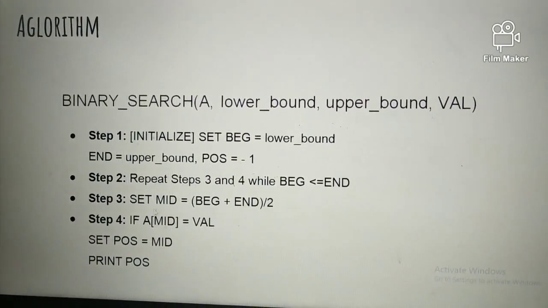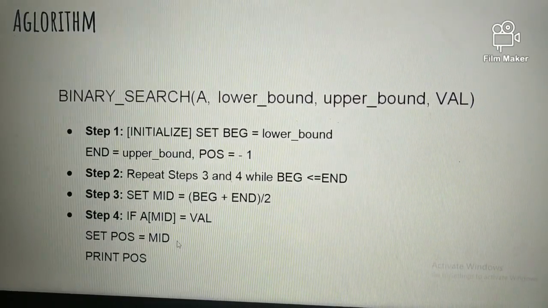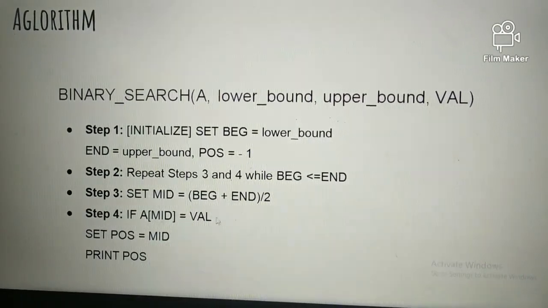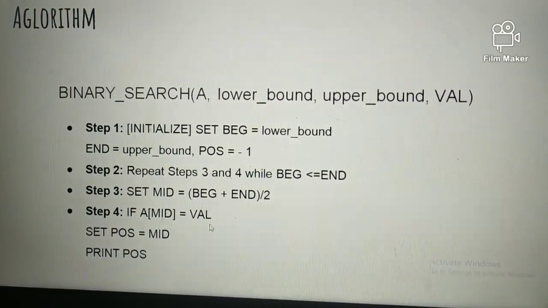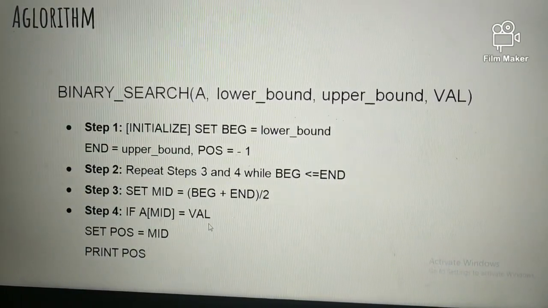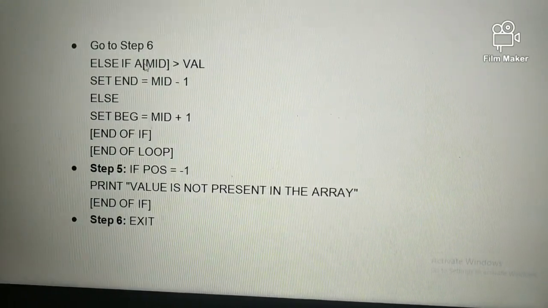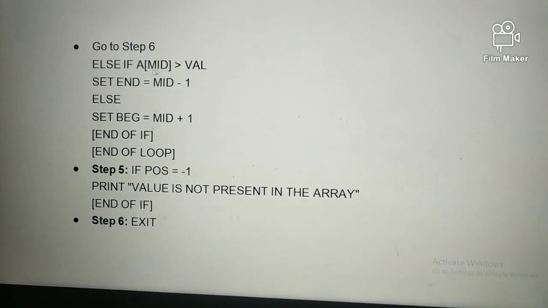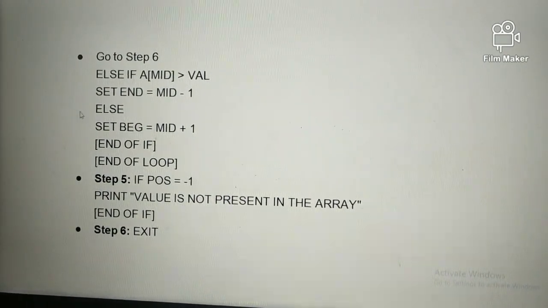Set mid equal to (beginning plus end) divided by 2, which gives the location of the middle element in the array. If the middle element of the array is equal to the value, then we set position equal to mid and go to step 6. Else, if the array's middle element is greater than the value, then we set end equal to mid minus 1.